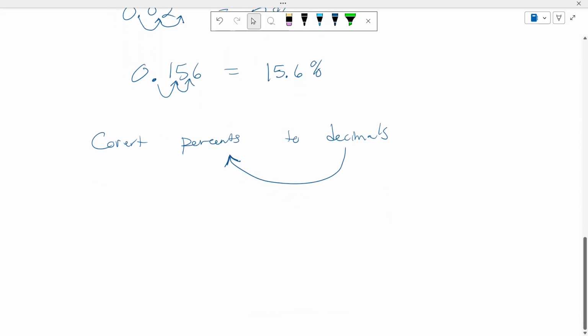So if I'm at 24%, my decimal point is right here. I'm going to go 1, 2 places to the left. So it's 0.24.